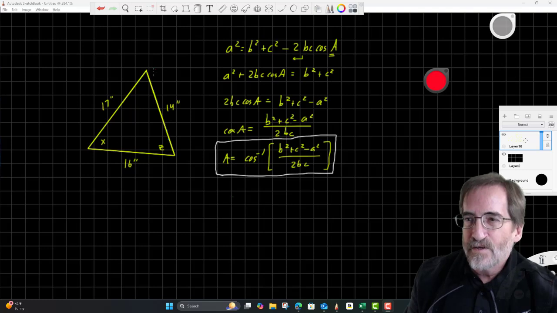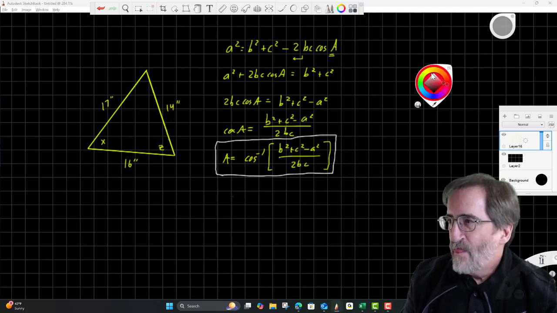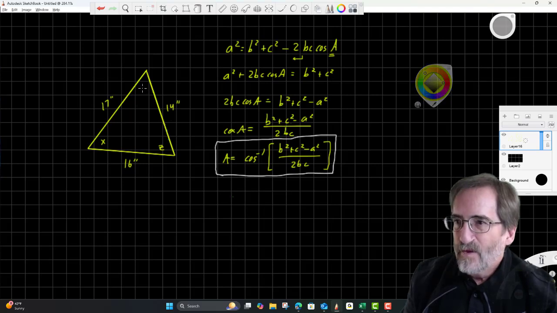So let's try it. Let's use the version of the law of cosines that we've derived to find x, y, and z.